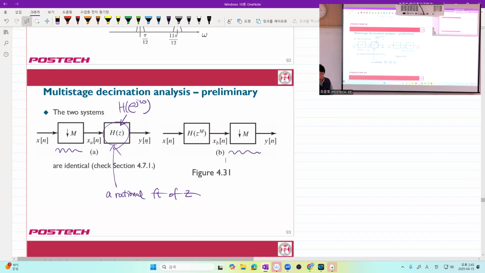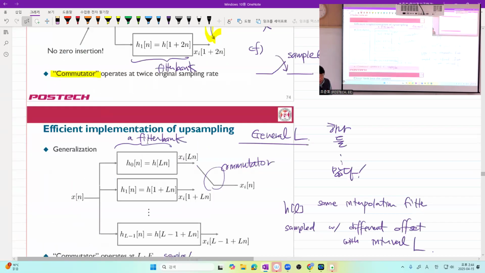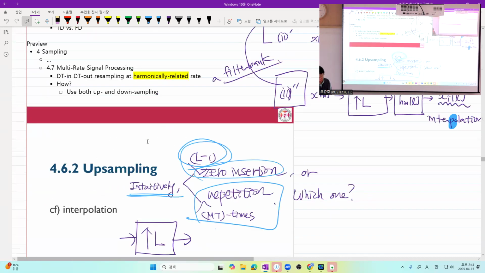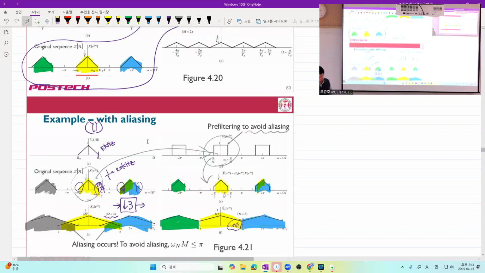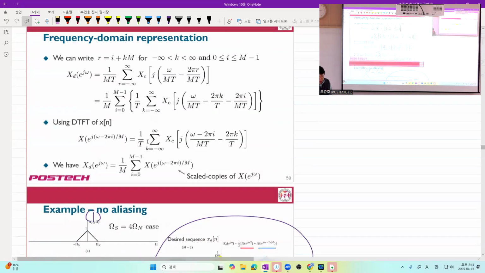Before the downsampler, if we have an interpolation, the pre-filter, then the pre-filter had what? So let me go back to where it is. Frequency domain thing, where?